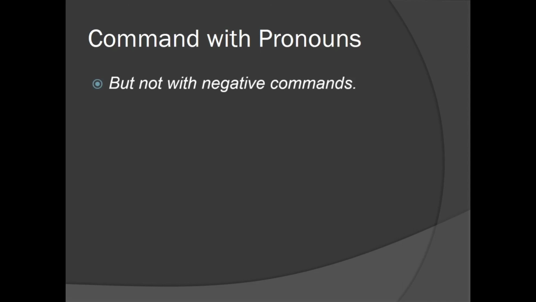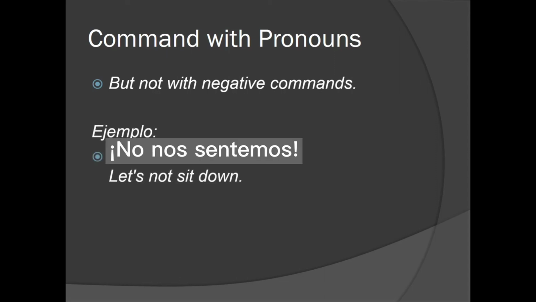Now, with the use of negative commands with pronouns, for ejemplo, let's not sit down, we have no nos sentemos. As you could notice in the Spanish translation, we put the negative word no and then the reflexive pronoun nos before the conjugated form of the command in nosotros.